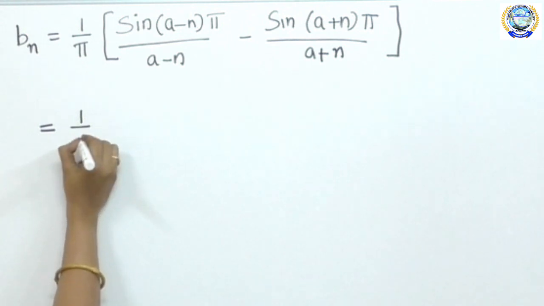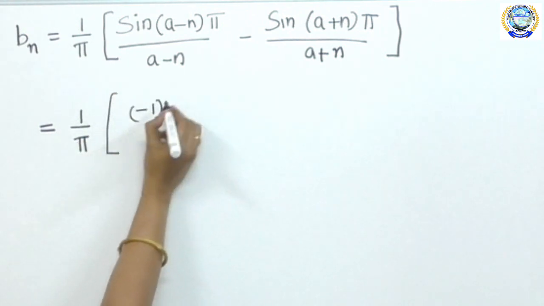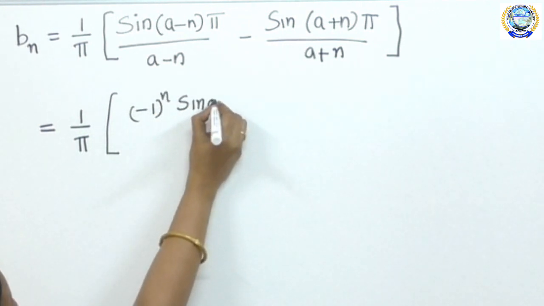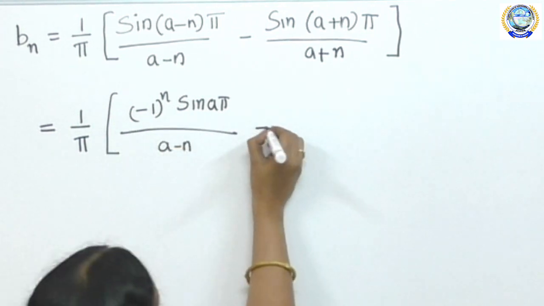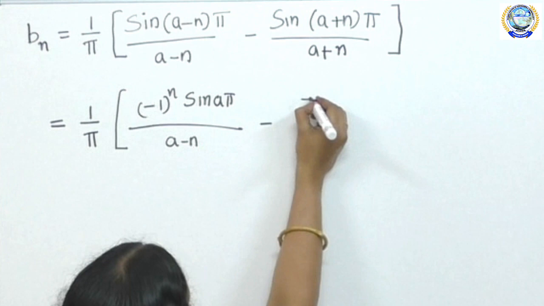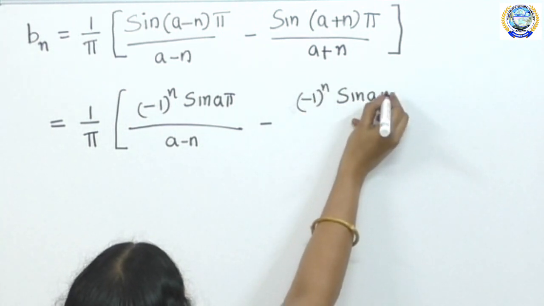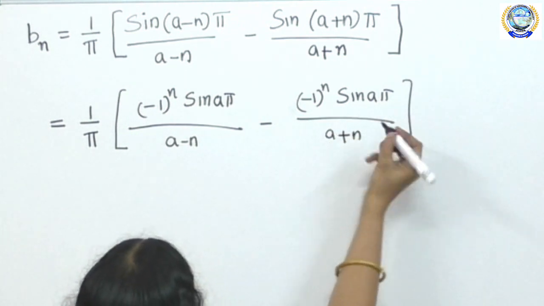here, 1/π [(−1)^n sin aπ/(a − n) − (−1)^n sin aπ/(a + n)].